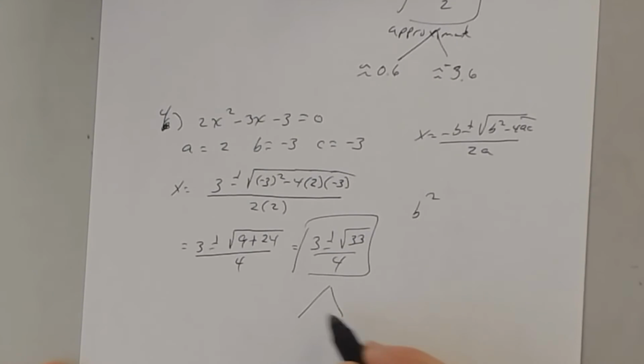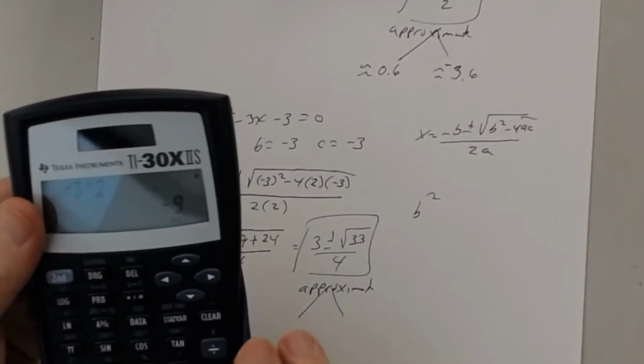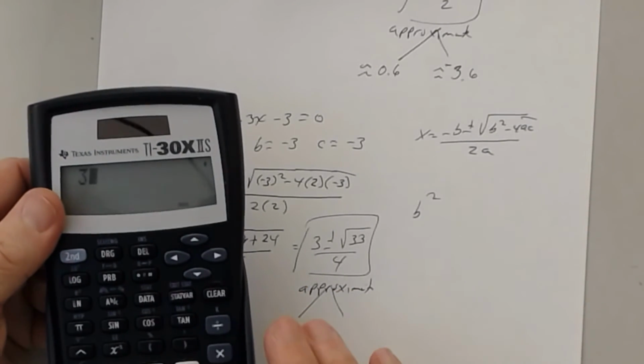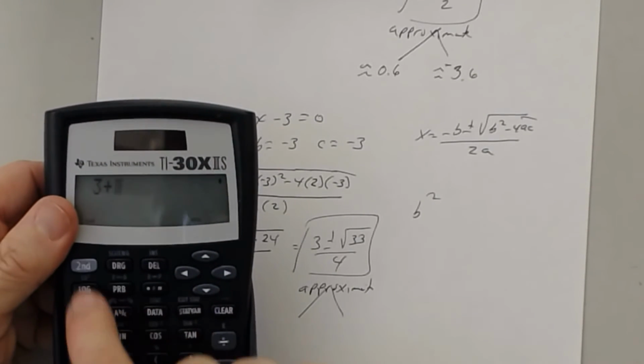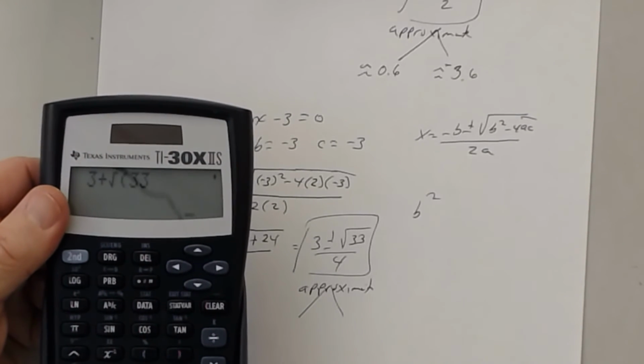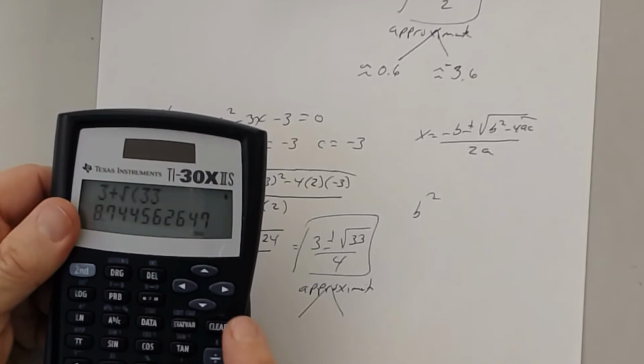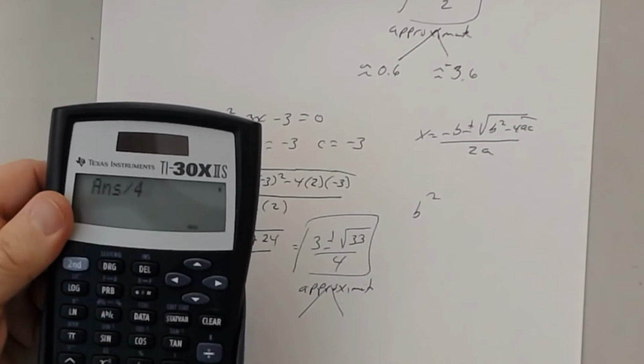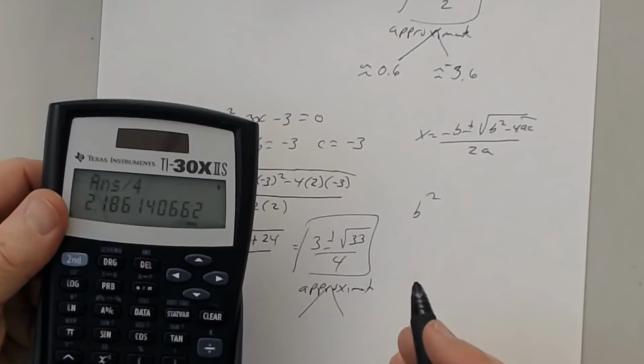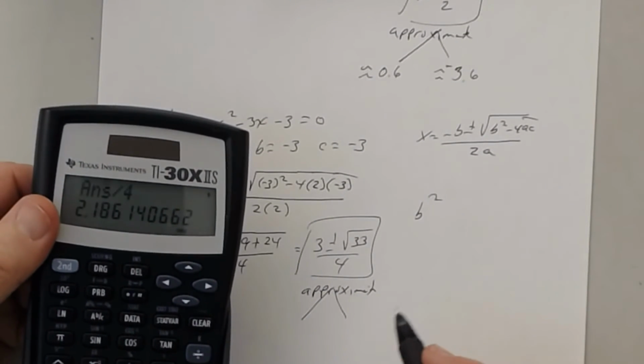Now, go ahead and approximate. If they say approximate, let's approximate. So to the nearest tenth, what do I type in? 3 plus square root of 33, and we press equal, and then divide by 4. And what's one of my solutions approximated? 2.2.